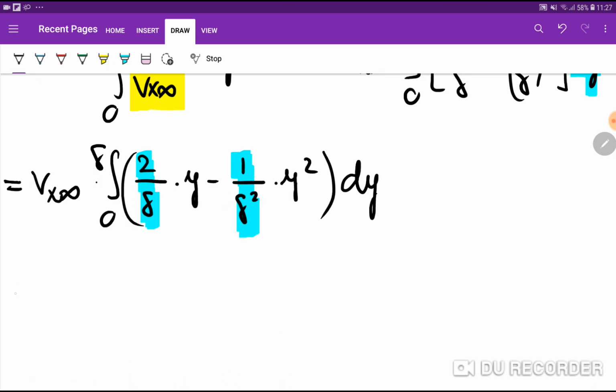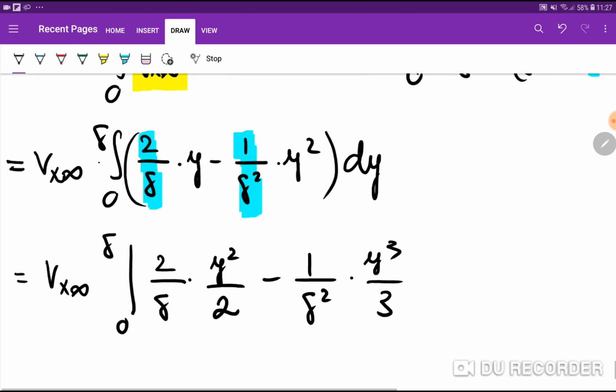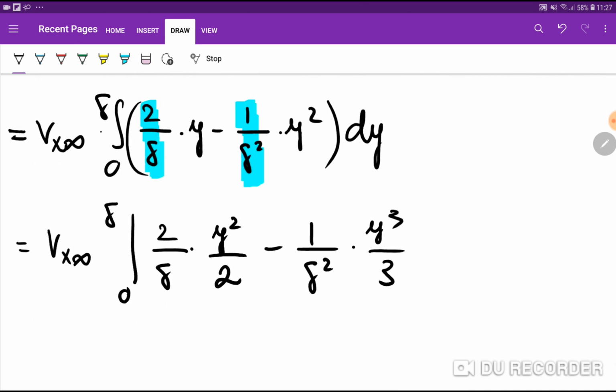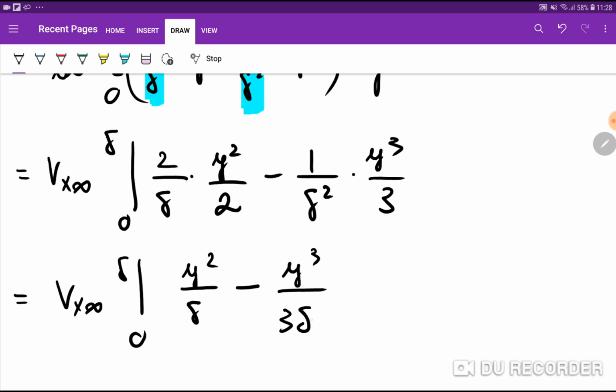Now we can do the integral: Vx infinity times 2 over delta times y squared over 2 minus 1 over delta squared times y cubed over 3. Treat 2 over delta and 1 over delta squared as constants, like 2, 3, 4, 5, anything. Let's clean it up: Vx infinity times, from 0 to delta, y squared over delta minus y cubed over 3 delta squared.